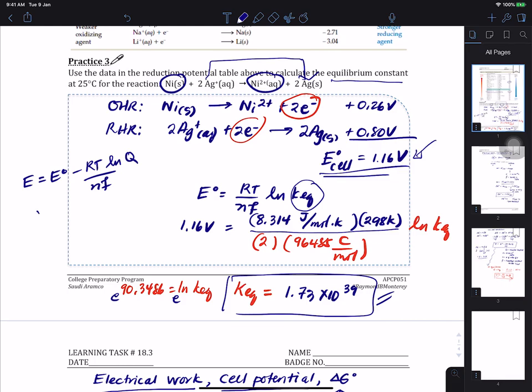But since at equilibrium, again, E becomes 0, your E naught becomes RT over NF ln of KQ. Okay, so there you go. So we'll stop here for now, and we will continue with the application of the Nernst equation in another video.